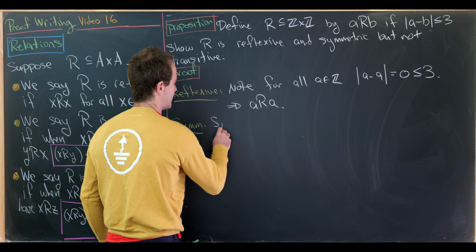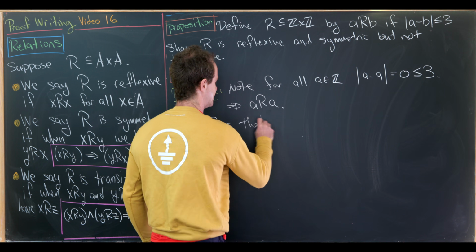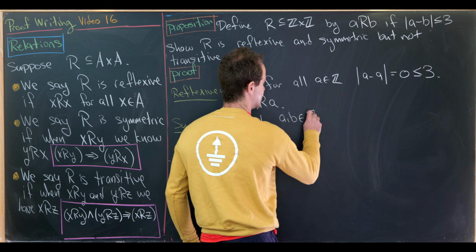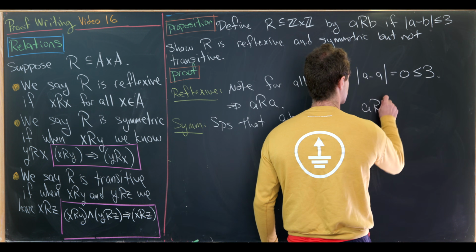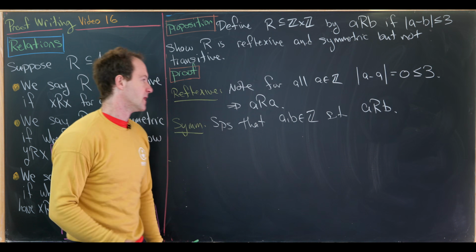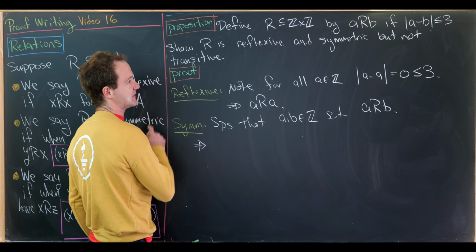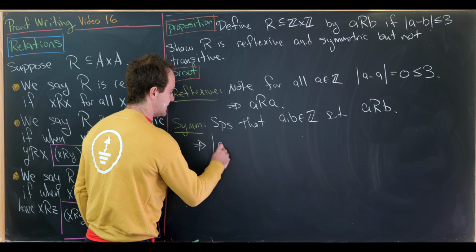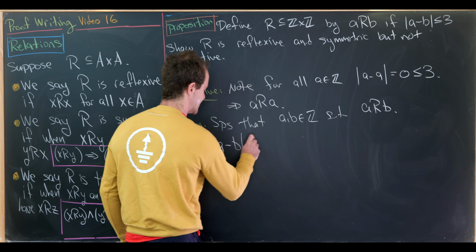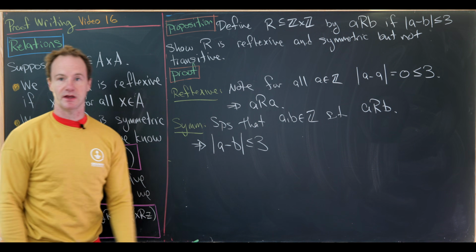So let's suppose that A and B are integers such that A is related to B. But notice, putting it in terms of the definition of our relation, that means the absolute value of A minus B is less than or equal to 3.